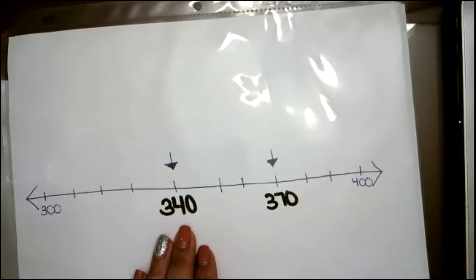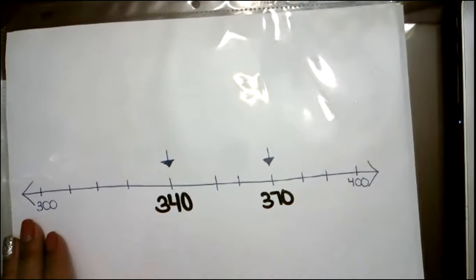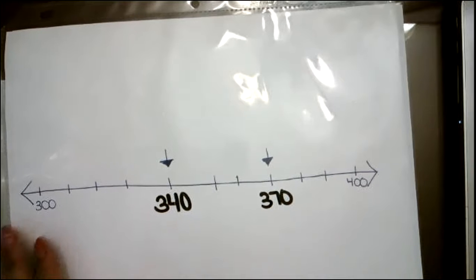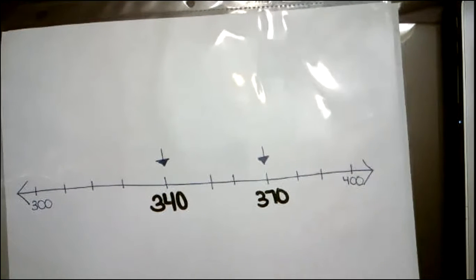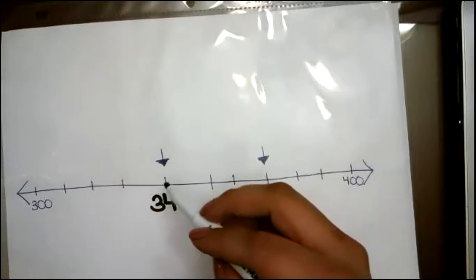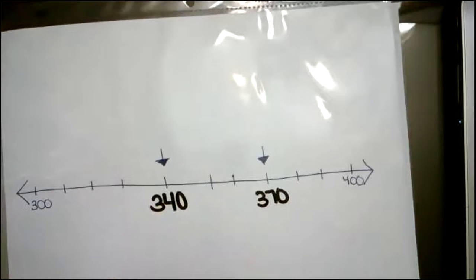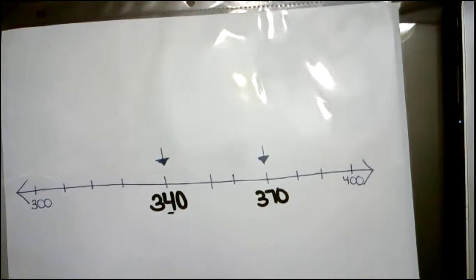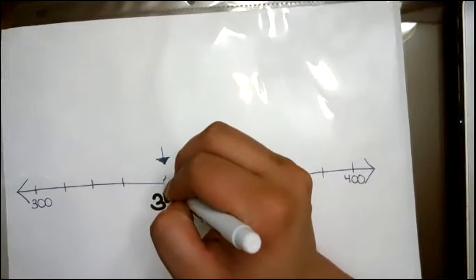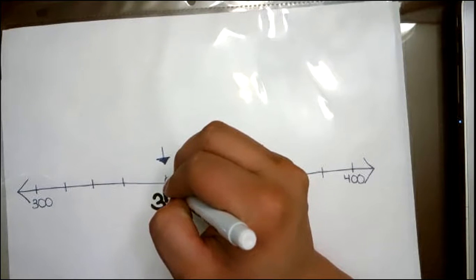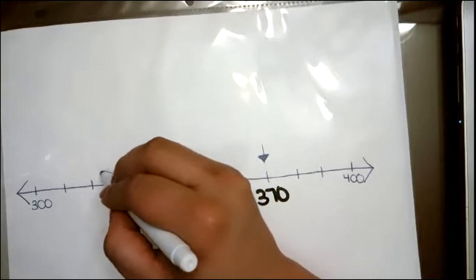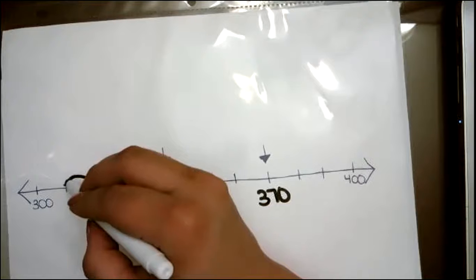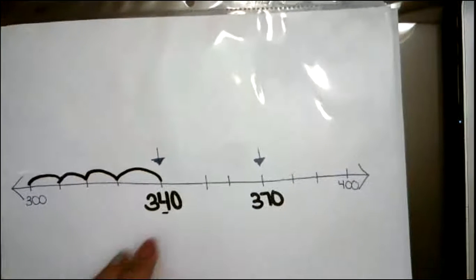Is 340 closer to 300 or closer to 400? So remember, as we did yesterday, we can either count our hops or we can look at our tens place and see if we need to round down or round up. So let's do it both ways. Let's count our hops going towards 300: 1, 2, 3, and 4.